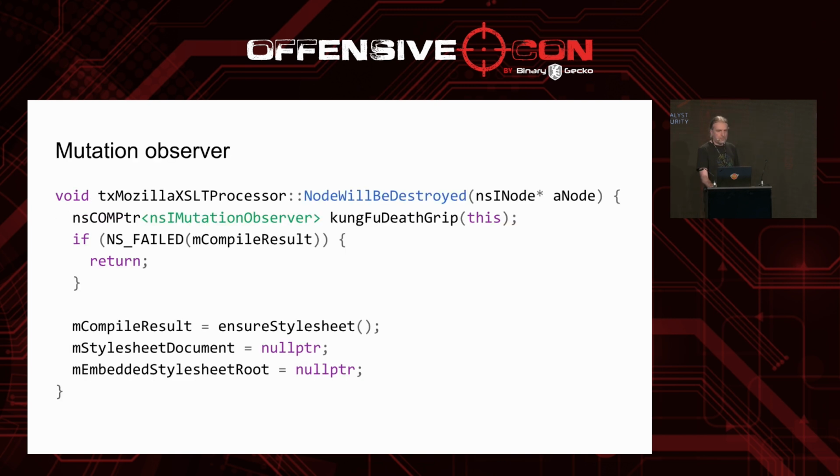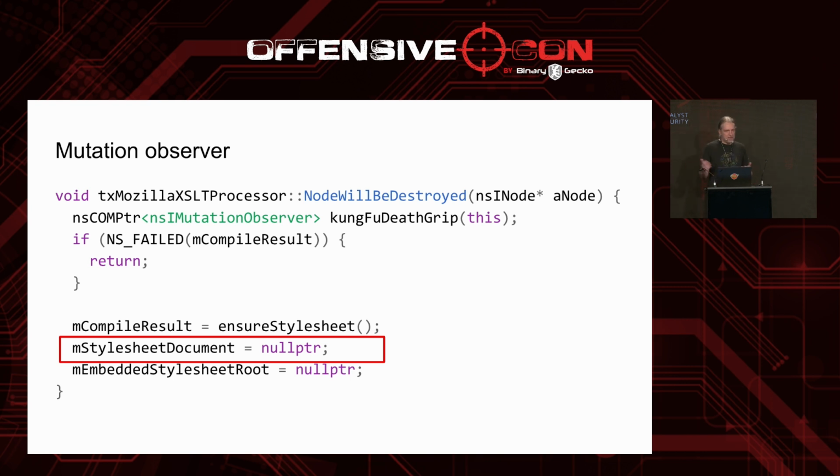Well, it kind of is, or was, because the XSLT processor registered itself as a mutation observer for this document. So what would happen is, before this document would get destroyed, this callback would trigger, and inside this callback, we would set the pointer value to null.